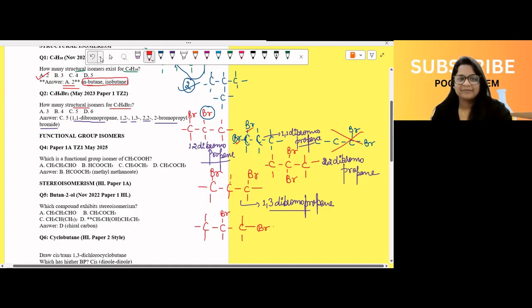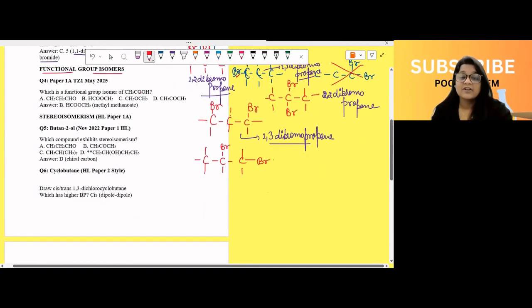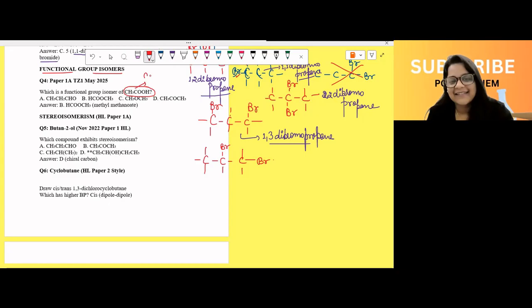Moving ahead to the next one, which is functional group isomers. Functional group of CH3COH, remember? Which functional group is this? Carboxylic. Carboxylic can get converted to what? Ester, right. So which one is an ester? Is this an ester? One oxygen.